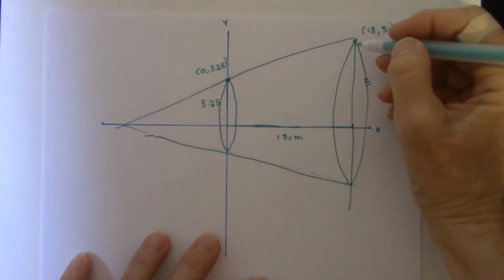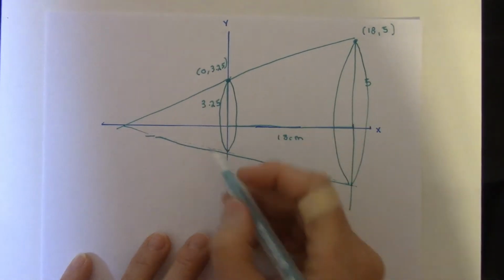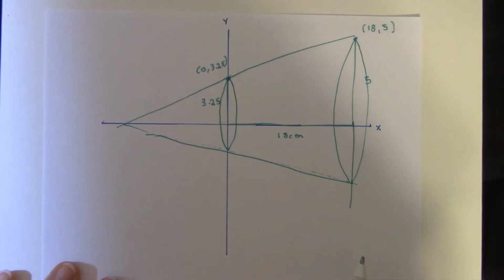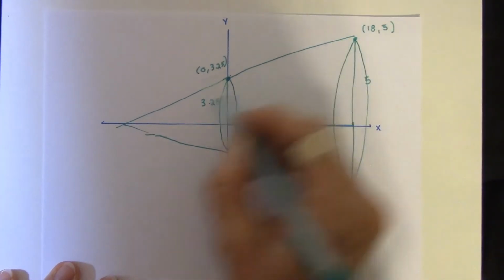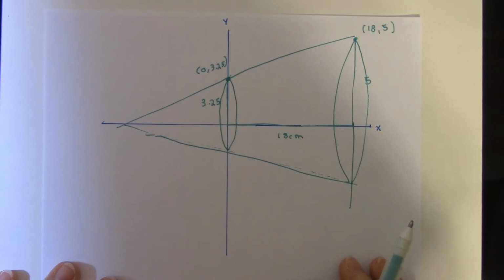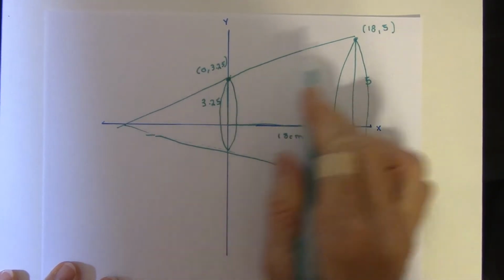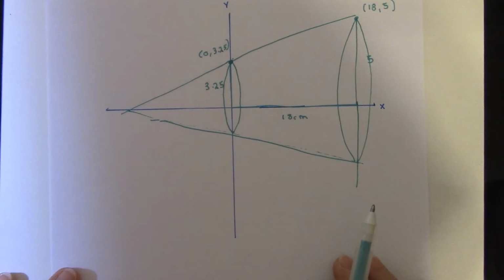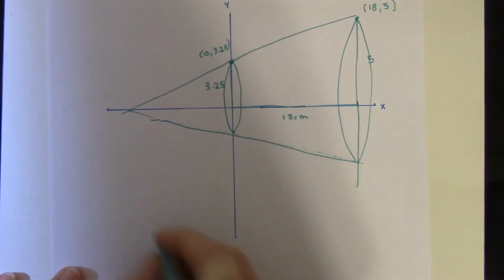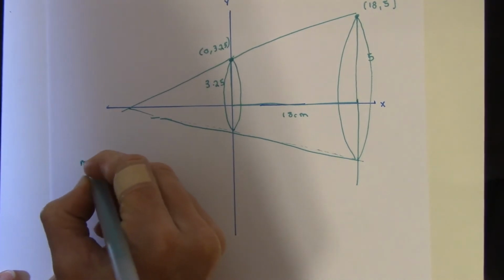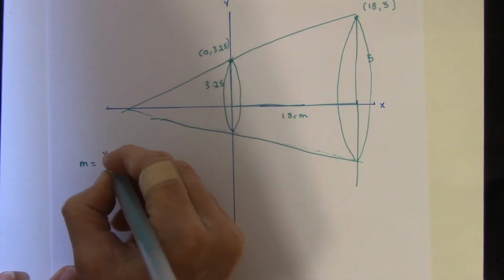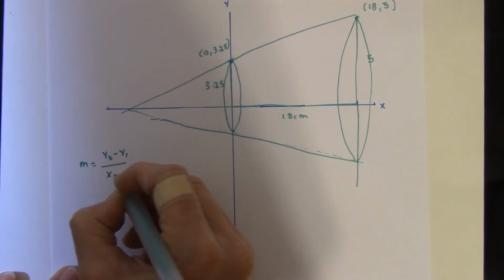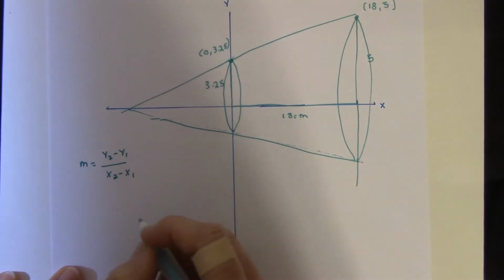Okay, so I have this information, but I need to know this point. To do that, I need to know the equation of this line. I have two points, so I can find the slope, because I know that the slope is y2 minus y1 over x2 minus x1.